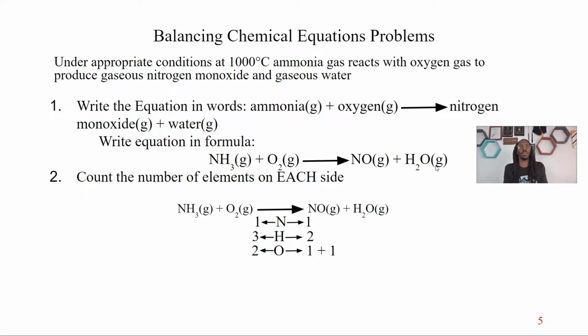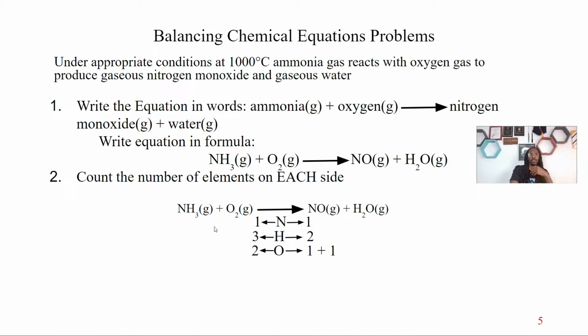From here, we need to count the number of elements on each side. Let's look at all our elements. I got nitrogen, hydrogen, and oxygen. If I look on my reactant side, I got 1 nitrogen. On my product side, I got 1 nitrogen. Okay, cool, it's balanced.